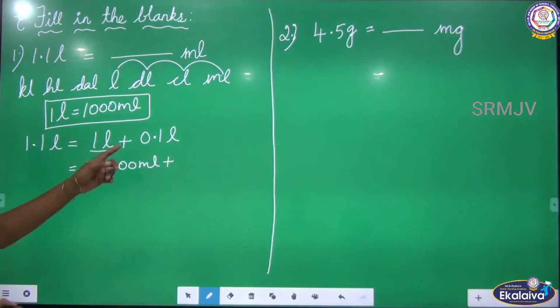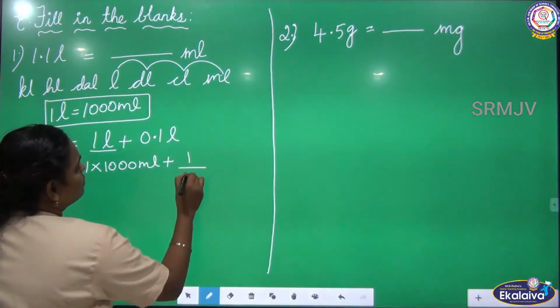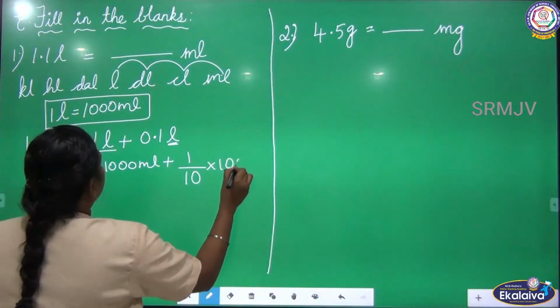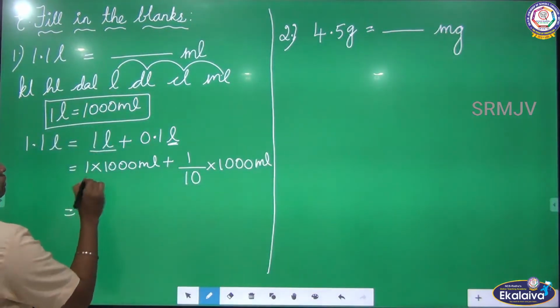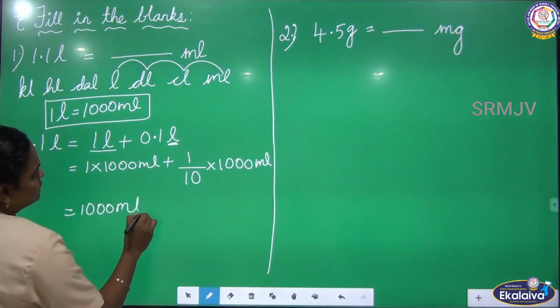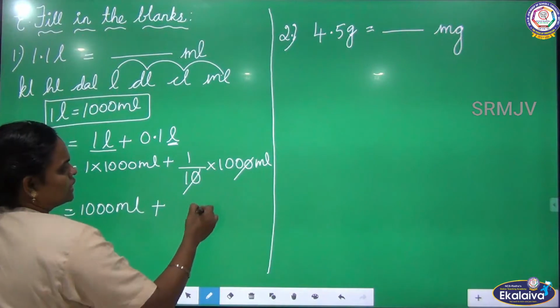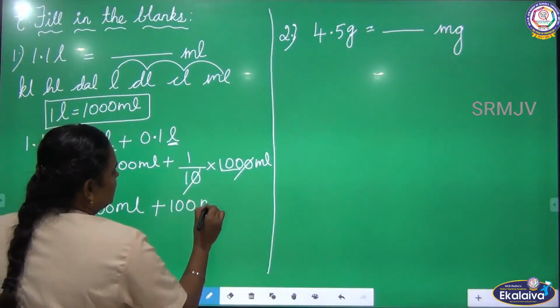Next, 0.1, how will you write it as a decimal fraction, children? 1 by 10. So 1 liter equals 1000 milliliter, so we can write 1000 milliliter. So 1 into 1000, 1000 milliliter, the 0 and 0 cancel. So 1 into 100, 100 milliliter.